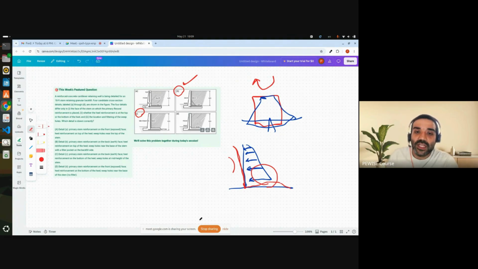So you have 3 times more load caused by the water. So we would rather not have water at the bottom of the wall, and that's where we put the weep holes. And that's another reason option B is correct. So if you have chosen option B, that's the right answer.